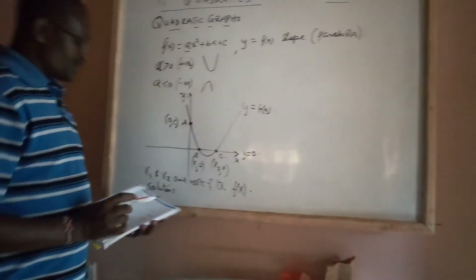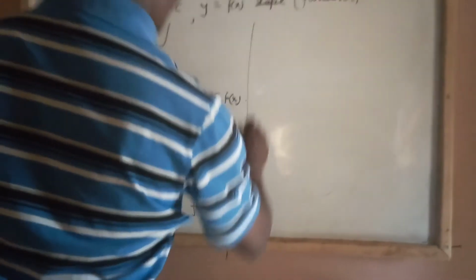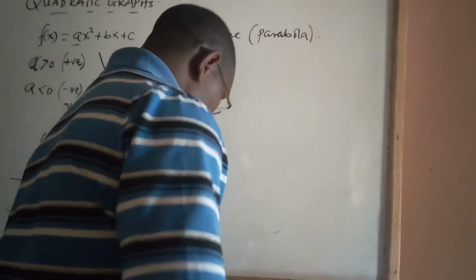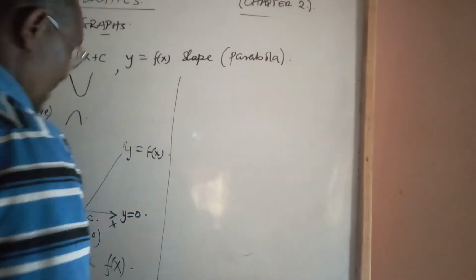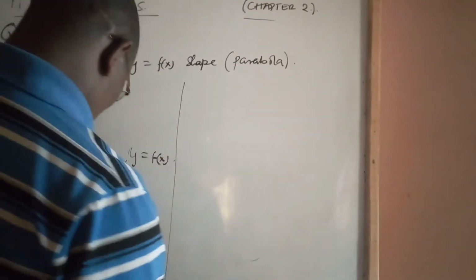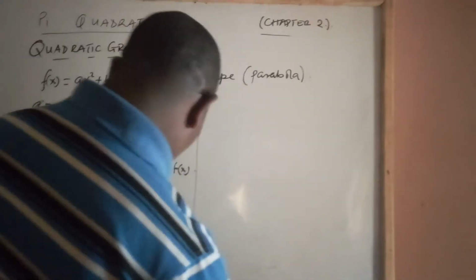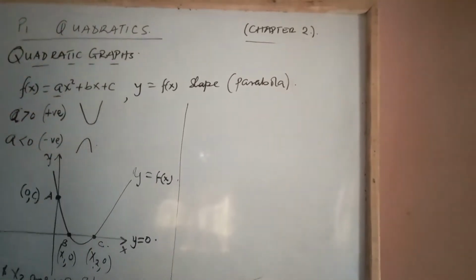They are solutions, or they could be roots. Point number 3 to note is that quadratic graphs have one turning point, which can be either a minimum or a maximum.